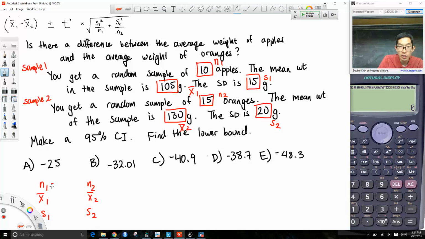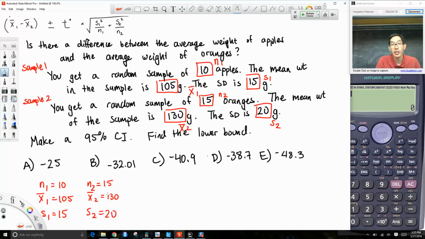And then what do I have? I got 10, 105, 15, 15, 130, and 20. If you find yourself making silly mistakes like getting numbers mixed up, I would recommend just writing down all of the numbers as they are correctly identified.